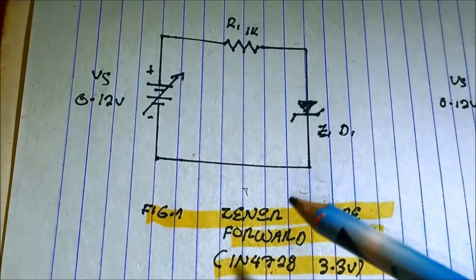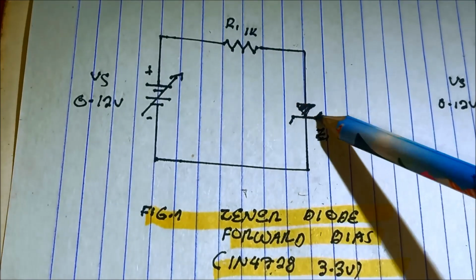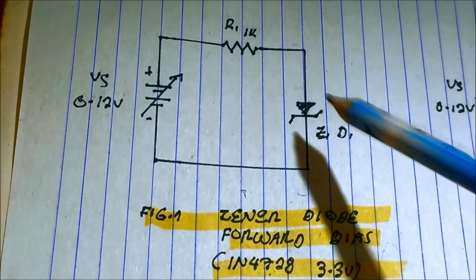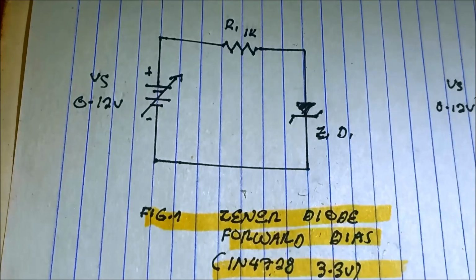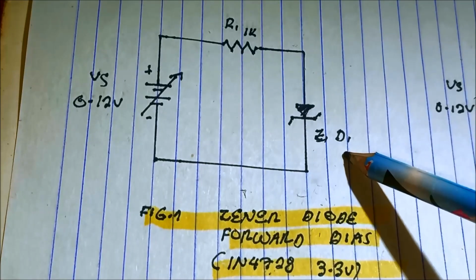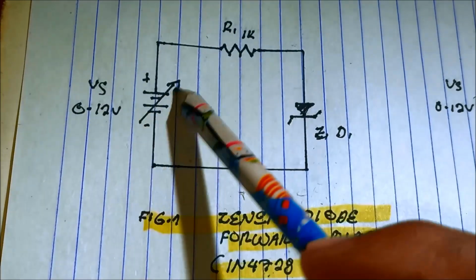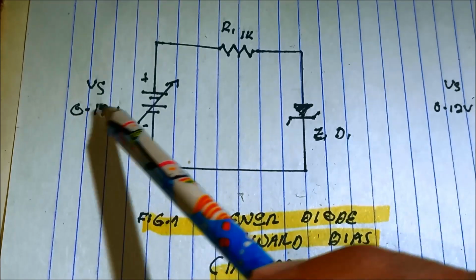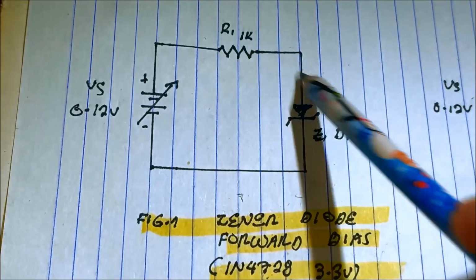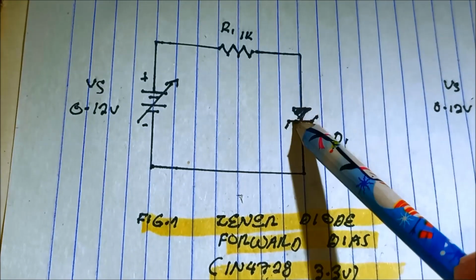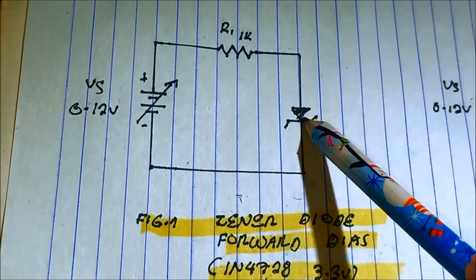In our first test, we are connecting the Zener Diode in a forward bias condition. We are using a 1N4728 3.3 volts Zener diode. We're using a variable voltage supply from 0 to 12 volts, and in series with the Zener diode is the 1K resistor, in order not to damage the Zener diode.